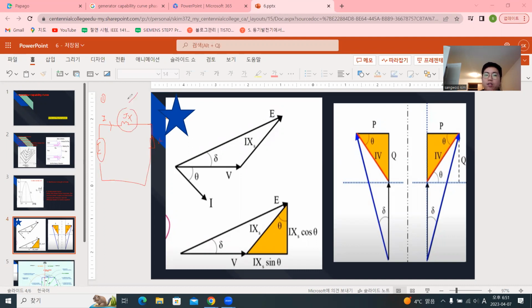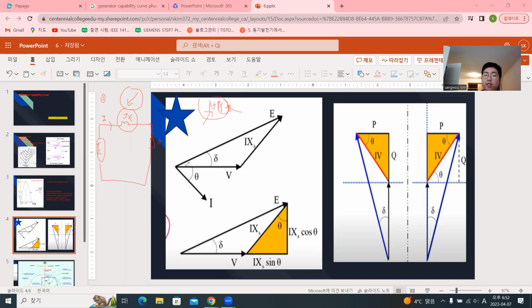In this case it is the armature reactance, and I ignored the R plus jX, the resistance in the line and the leakage reactance, because mostly the armature reactance dominates, 99%. So we can neglect them. So we draw the phasor diagram.